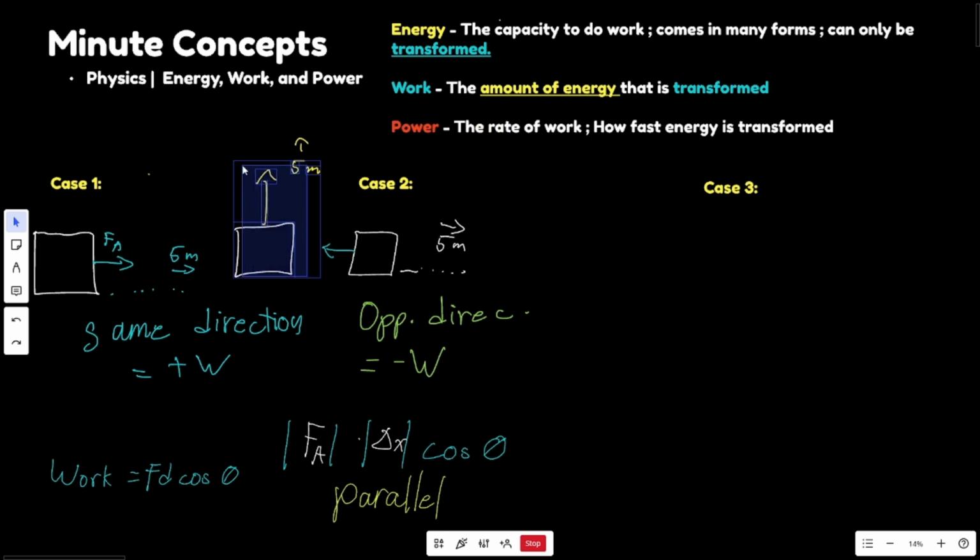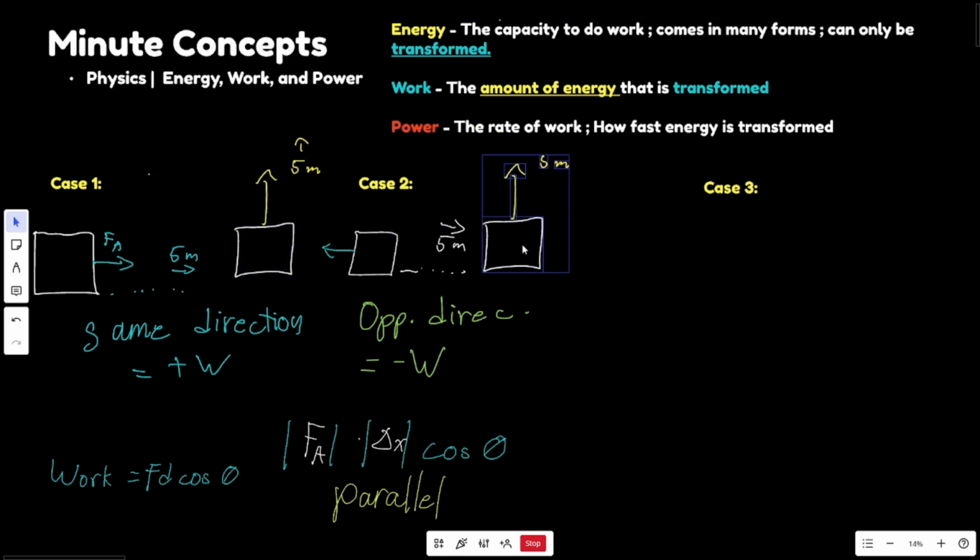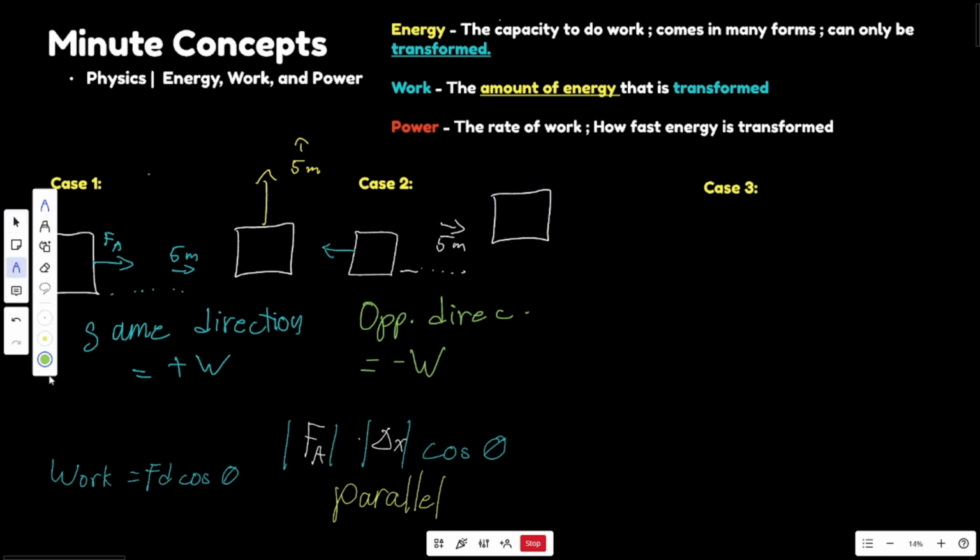Let's say that we have this again, and our arrow right now is going up, because we're describing the force applied. However, we're not looking for that anymore. Let's say that the box is already up there. It was already displaced. Now we're looking for the force of gravity while it's being lifted. The work done by gravity while it's going upward. So going up, it's displaced 5 meters.